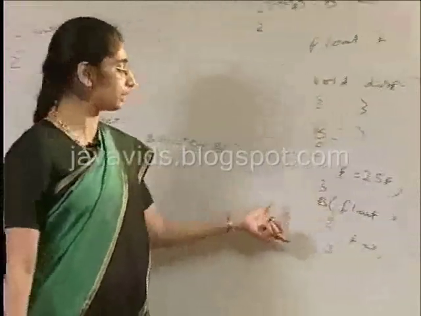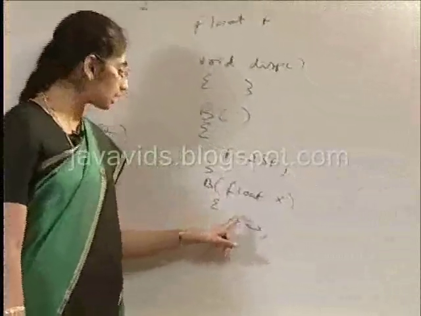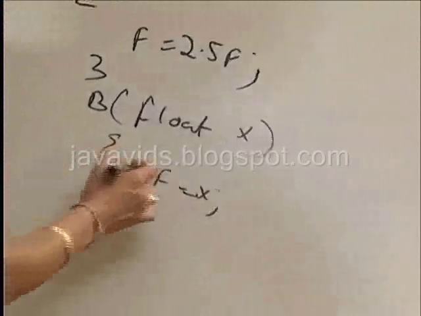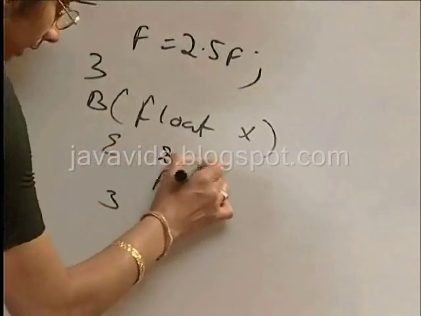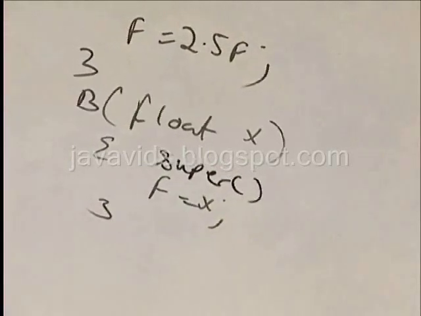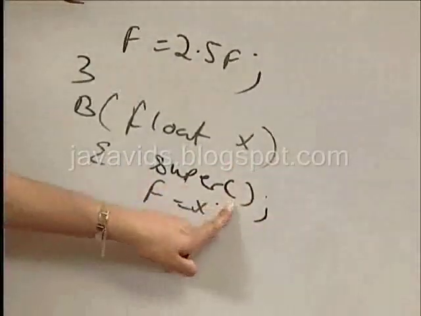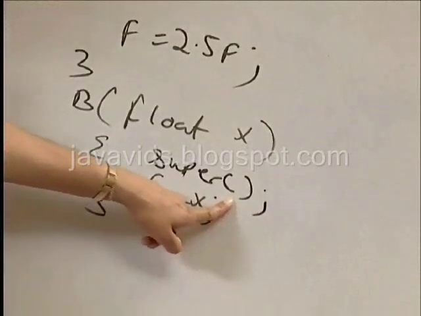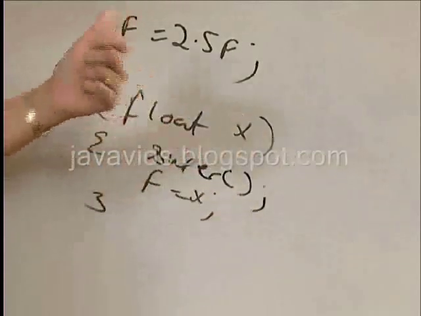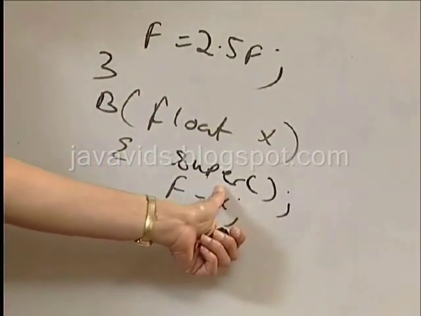Now in this case what happens is, the compiler will insert a call to the parent constructor at the beginning of this constructor, and to make a call to the parent constructor, the super call is used. So the compiler inserts the super call at the beginning of the constructor. We need not write it. If we do not write it, the compiler inserts the super call likewise.